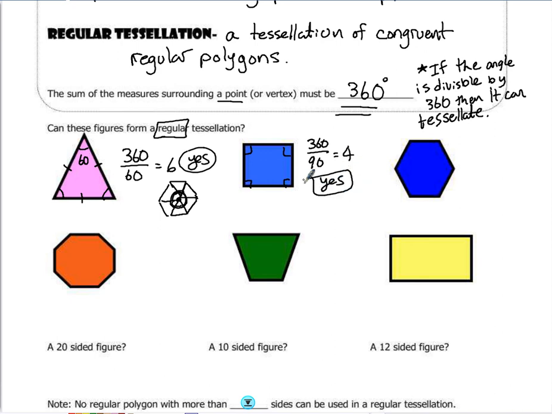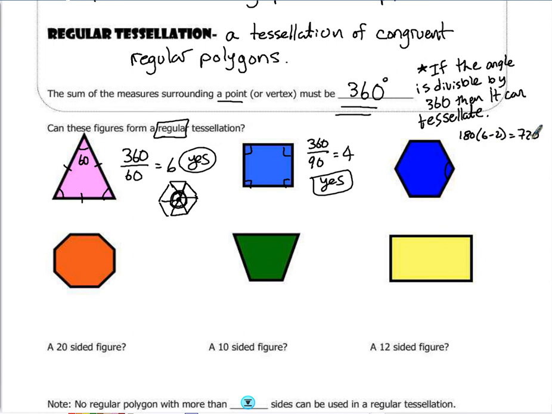Here we have a 1, 2, 3, 4, 5, 6-sided figure, and as long as each interior angle divides evenly into 360, then I know it tessellates. A couple classes ago, we talked about how each individual interior angle of a hexagon can be determined by taking the sum, which in this case would be 720, because 180 times 6 sides minus 2 multiplies to 720.